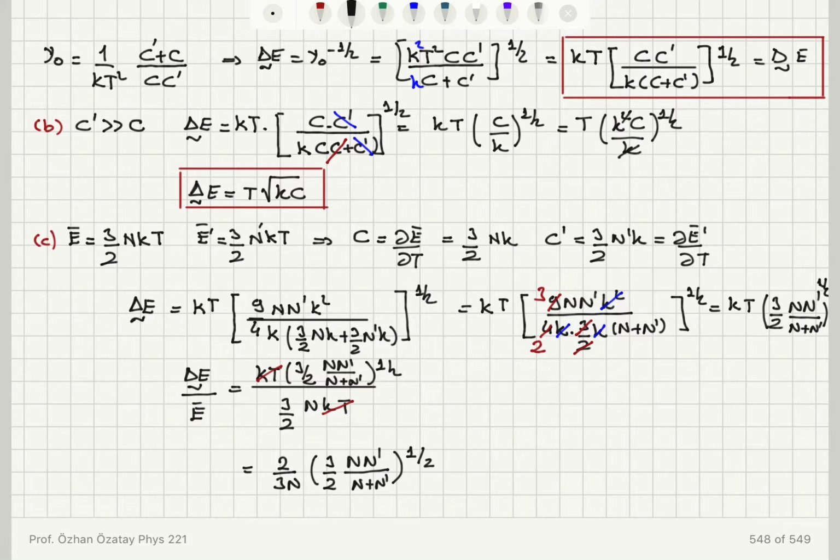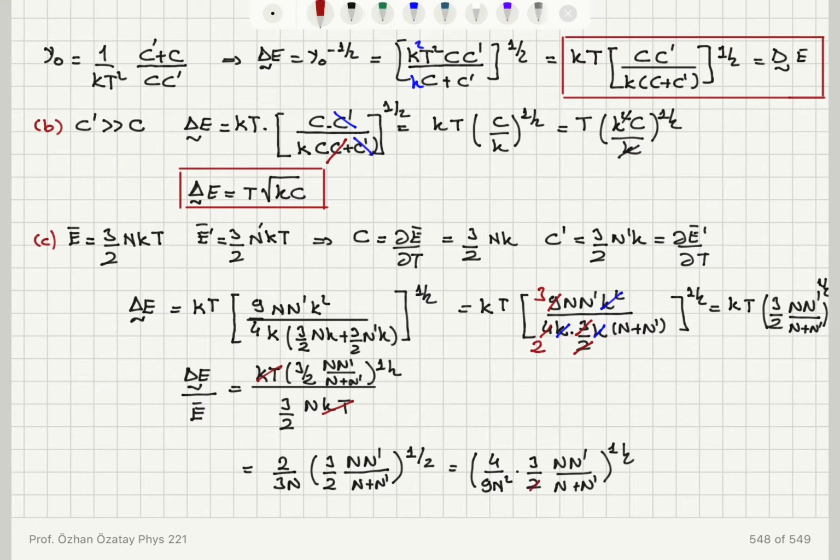So if I take this into the square root, this would become 4 over 9 N squared, times 3 over 2 N prime over N plus N prime to the power 1/2.